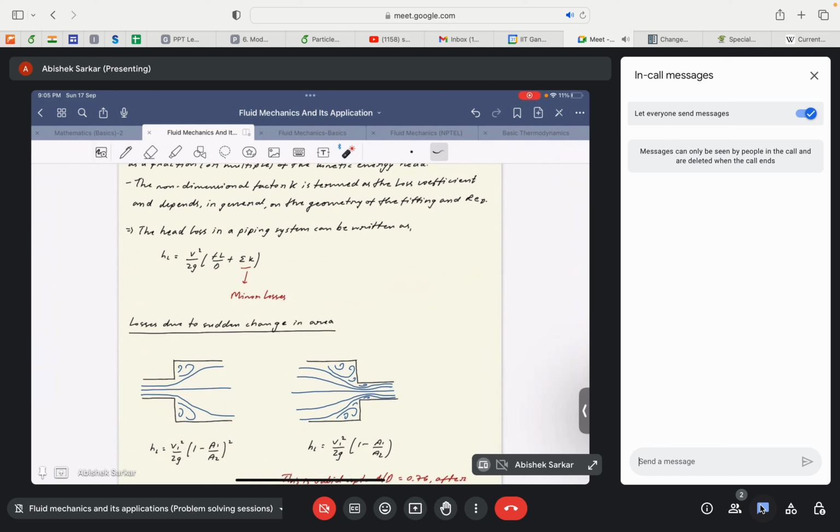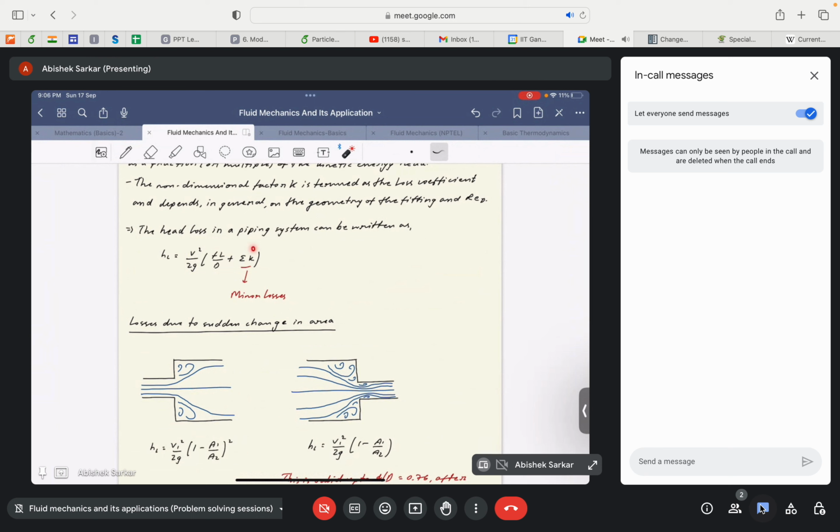Again, as mentioned, these kinds of losses are usually very hard to treat analytically, so they are usually determined by the use of experimental methods, right? Empirical relations, which in turn give some values of K, which represent these losses as a fraction of the kinetic energy head, right? So that is what is mentioned here. This ratio fL/D into V squared by 2g is actually the head loss due to friction, right?